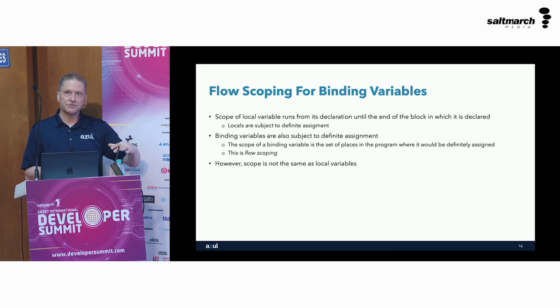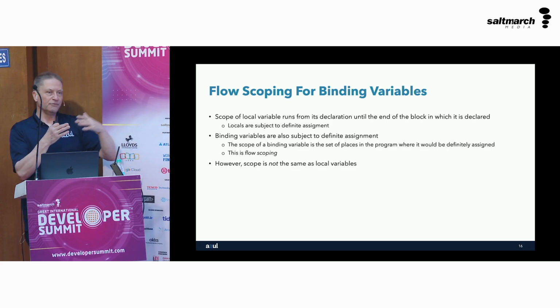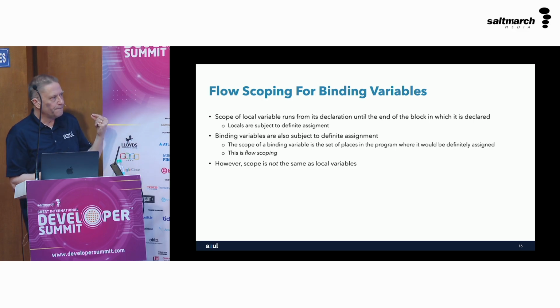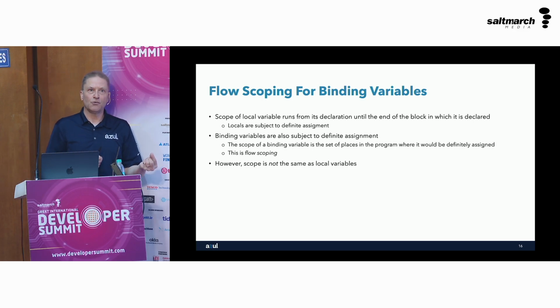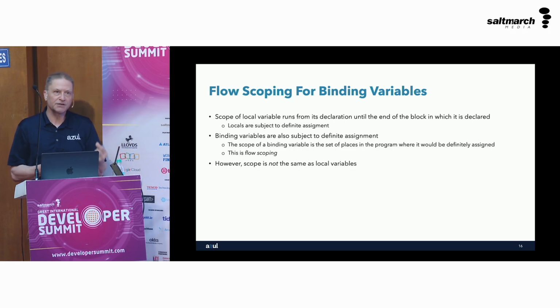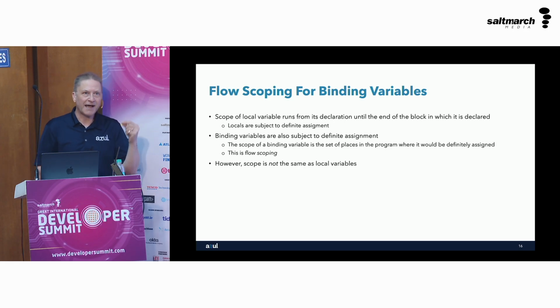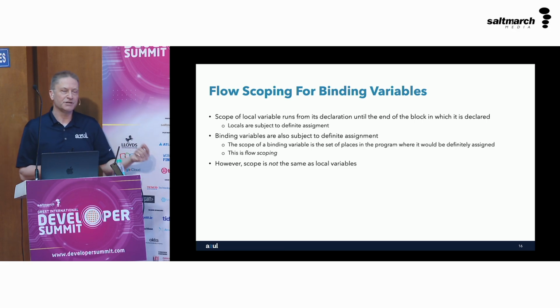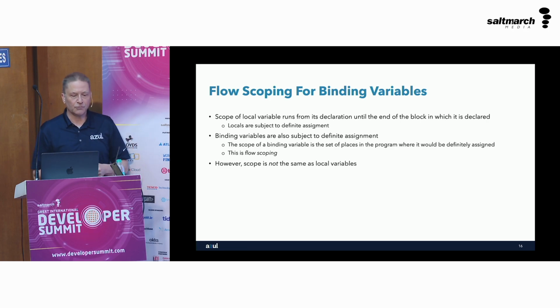Now, that could be a method, it could be an if statement, a for loop, a while loop, or even just a set of braces. So that defines the scope. But in the case of local variables, they are also subject to definite assignment. You have to assign a value to a local variable, otherwise the compiler will reject it.